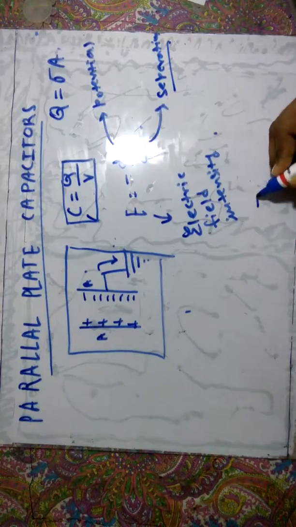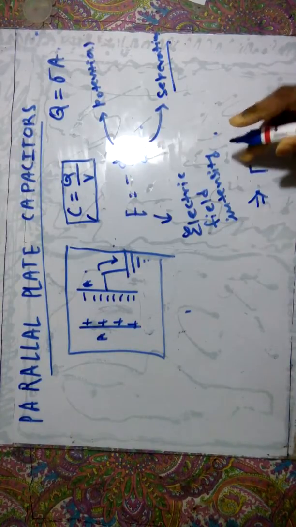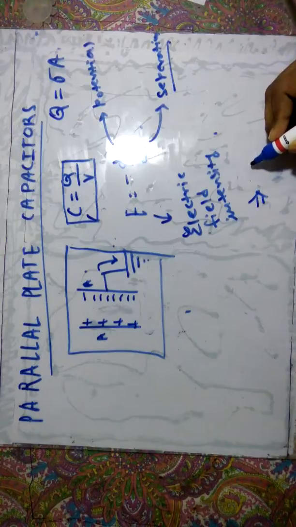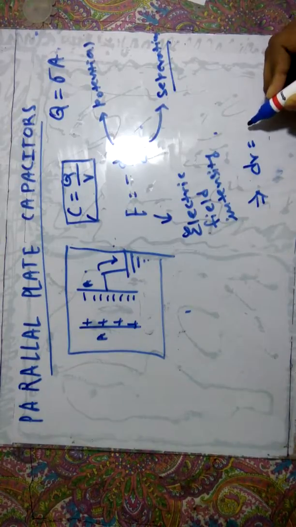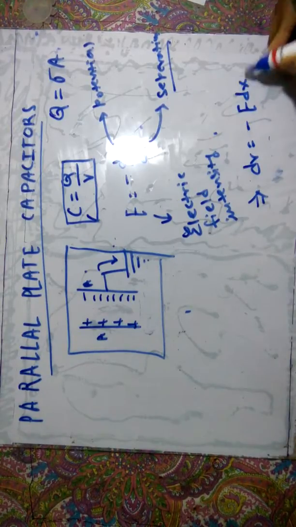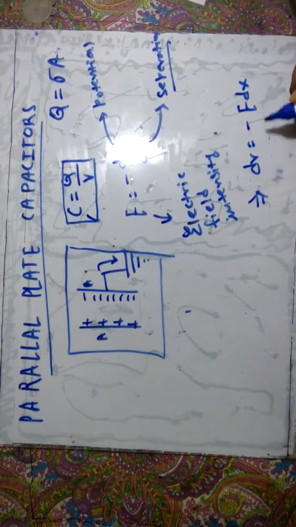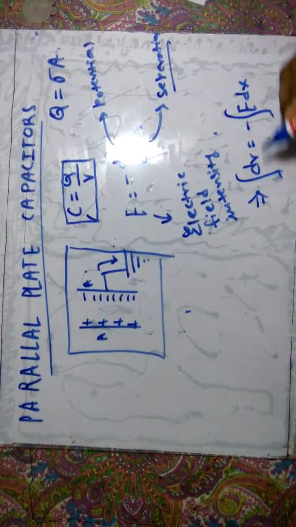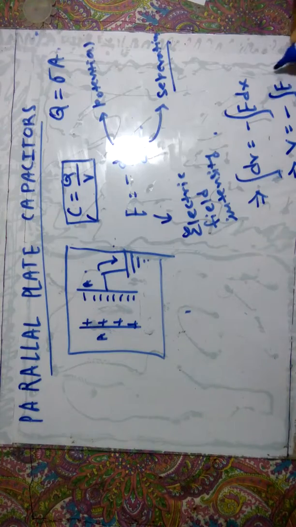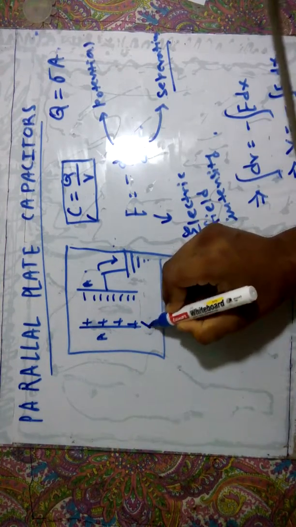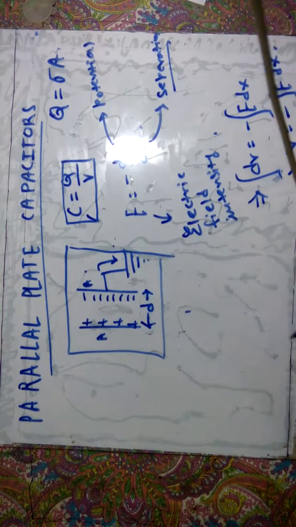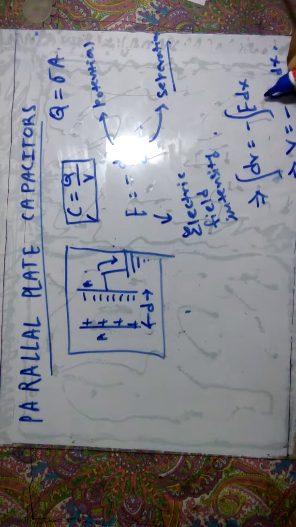From this formula we get dV equal to minus E dx. By integrating, V equals minus the integral of E dx. The separation is D, so we integrate from D to 0.